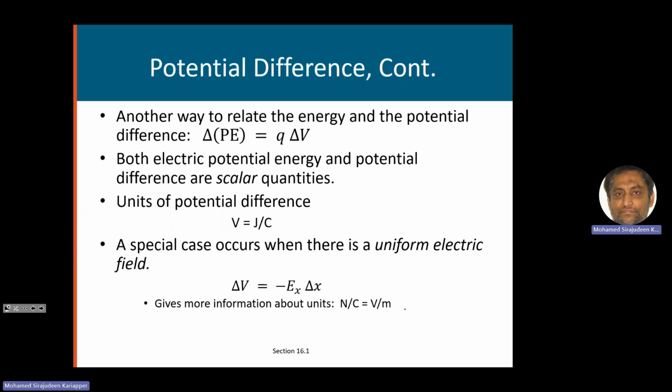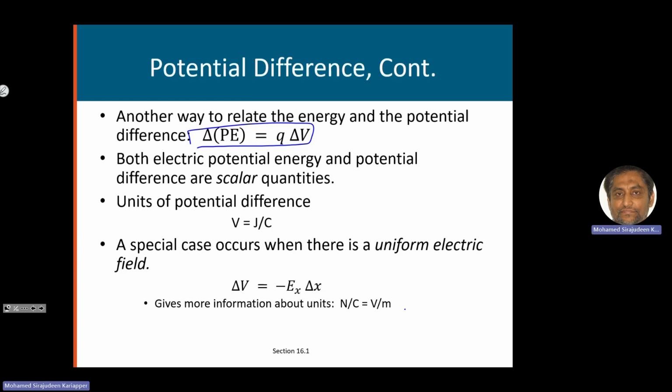We can now bring this up here and put it in this manner, another way to relate the energy and the potential difference. Potential energy change is equal to charge multiplied by the potential difference, the change in the potential.